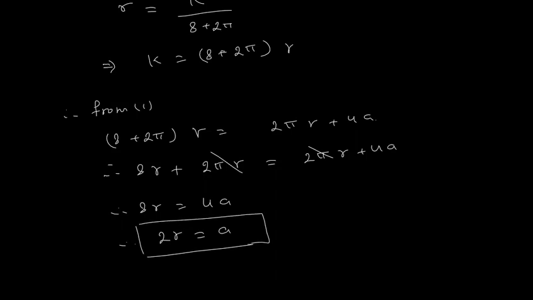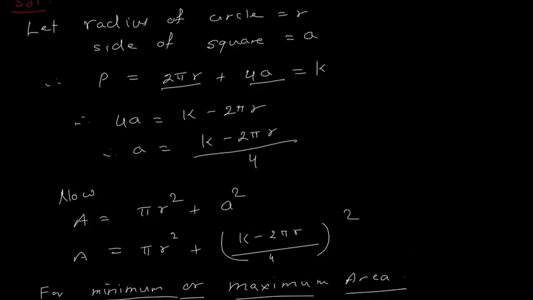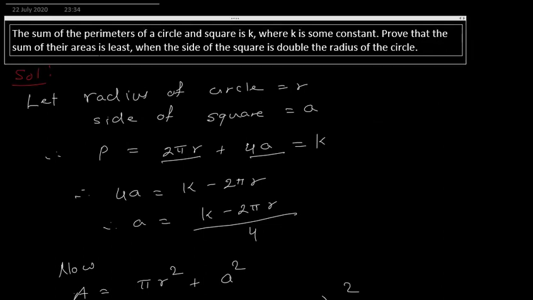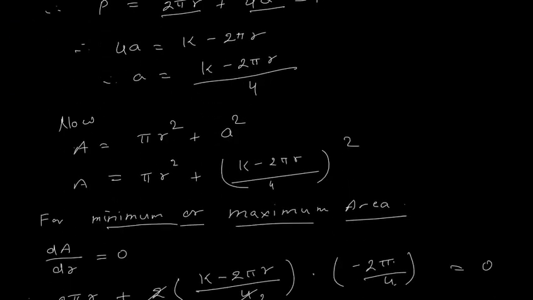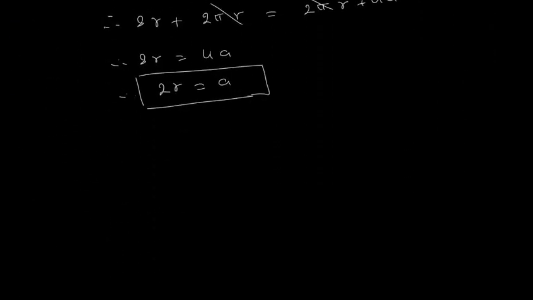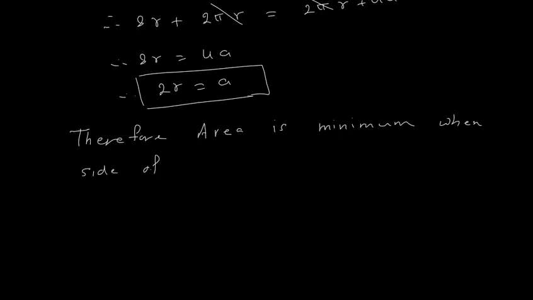Okay. So when area is minimum, we have to prove that the sum of their areas is least when the side of the square is double the radius of the circle.